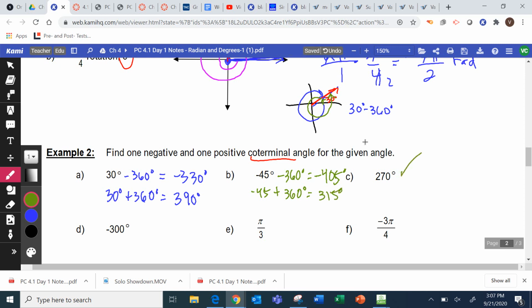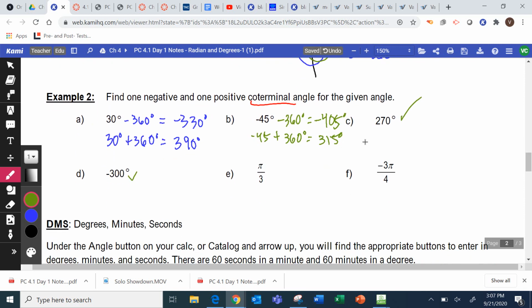Okay, so I think this is repetitive. Question E, as soon as I see pi over 3 and I do not see a degree symbol, this tells me I'm using radians. And if I'm using radians, I'm not using 360. Instead, I'm going to use 2 pi, and I'm going to subtract 2 pi. In order to subtract these, we need a common denominator.